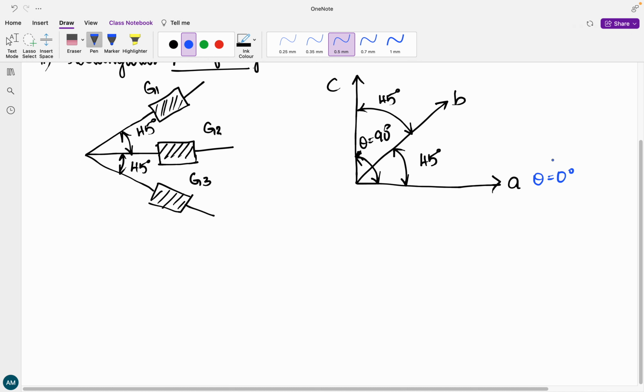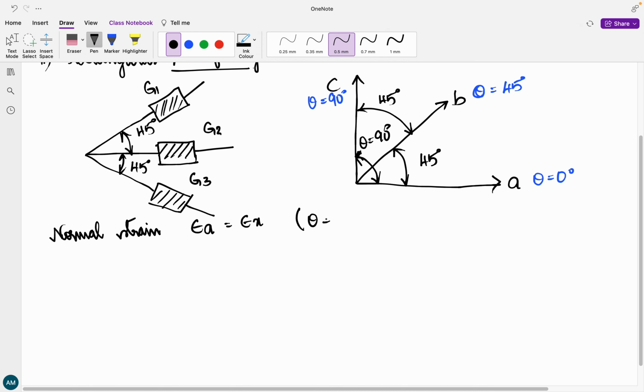Okay, so we have theta is equal to 0 degree, theta is equal to 45 degree, theta is equal to 90 degree. Yes, so normal strain, let us find out the value of normal strain, that is epsilon A is equal to epsilon x when theta is 0 degree.